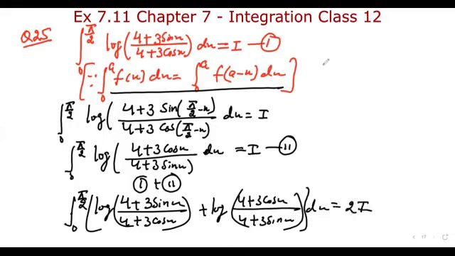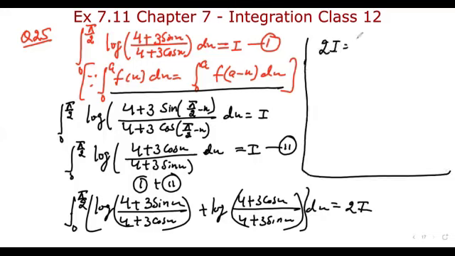So after adding, this is twice of I, and this is 0 to pi by 2. Log a plus log b is log of a into b. So this is 4 plus 3 sin x upon 4 plus 3 cos x into 4 plus 3 cos x upon 4 plus 3 sin x, into dx.